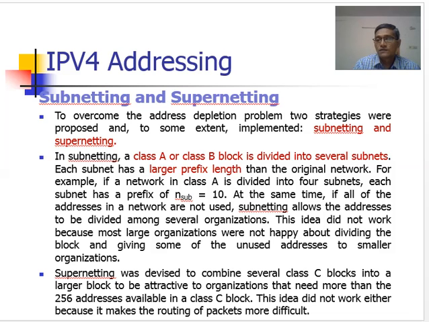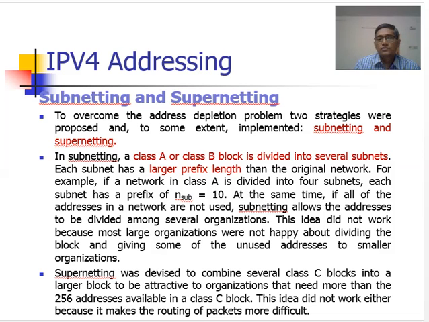So the unused part of the block is again divided into several blocks, that is, subnetting is performed again, and it is given to a smaller organization. The larger organization is not happy about dividing the block and giving its unused addresses to a smaller organization. So there are practical implications. So subnetting is also only a temporary solution.